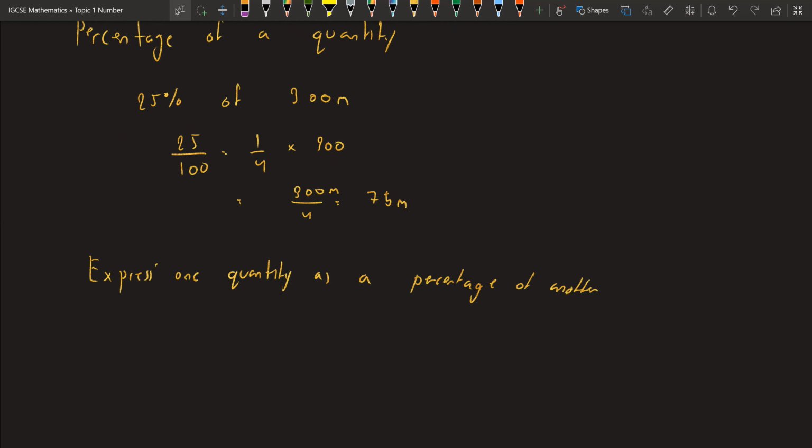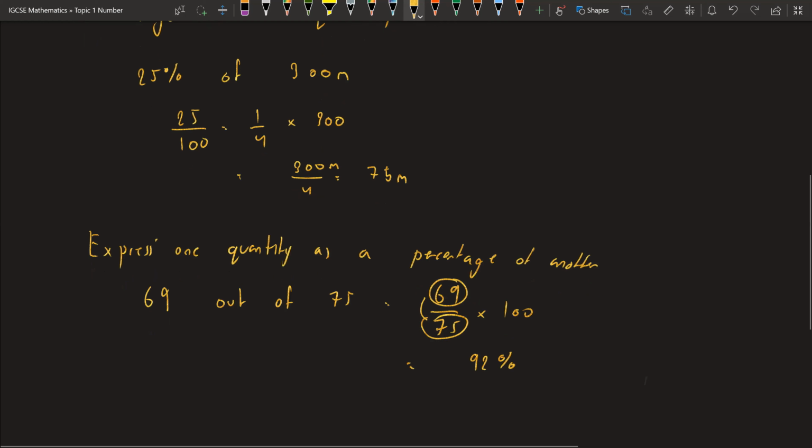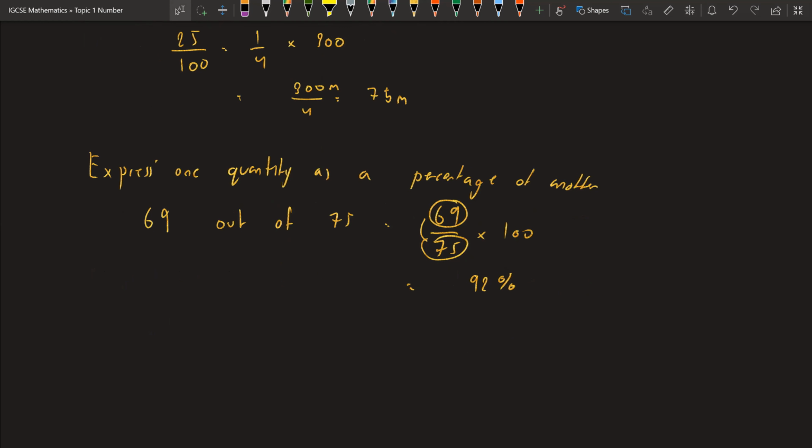I could express this as a fraction. 69 out of 75, then this is equal to 69 out of 75 times by 100, which is equal to 92%. Right? It's this relative to the maximum score and times by 100 to convert it to a percentage.